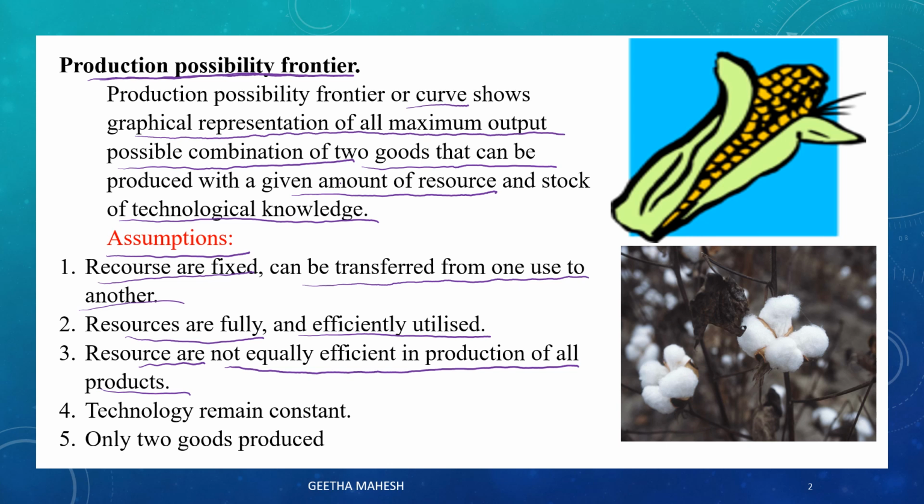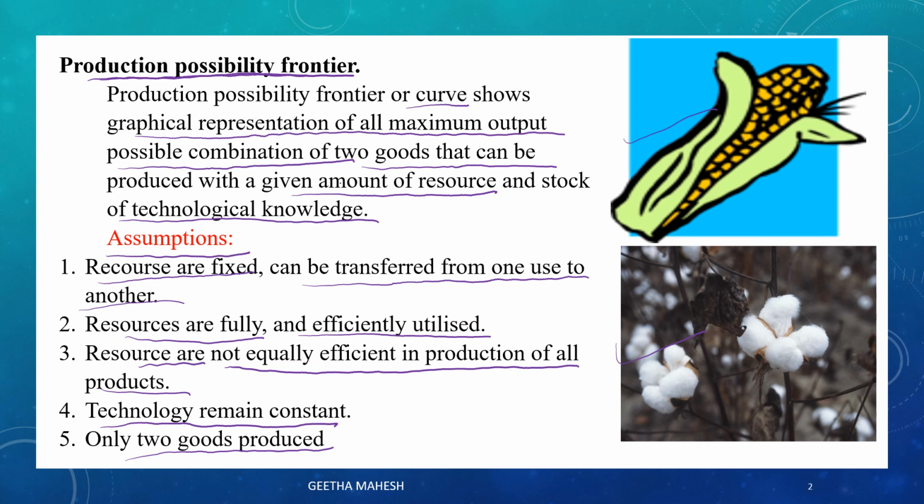The next one is that technology remains constant. That means the technology remains constant and won't change. And only two goods are produced. In our example, we are going to consider only two goods, that is corn and cotton.